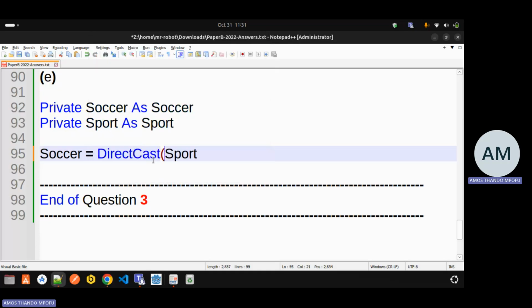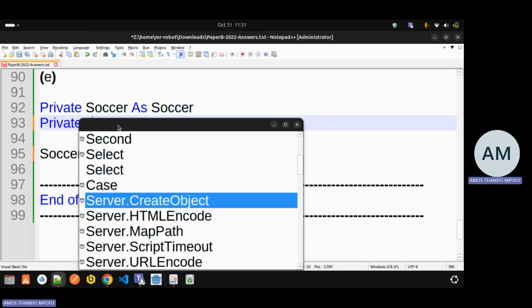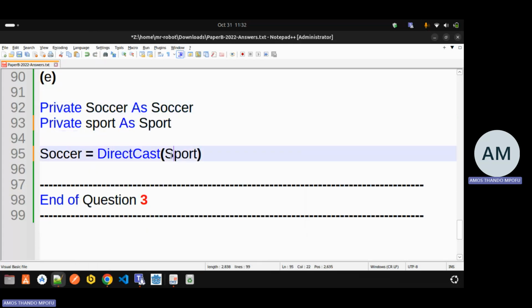So we use DirectCast for that, right? I need to change this to a small letter sport so that we get rid of the confusion about which is the instance and which is the data type. The instance starts with a smaller letter s.